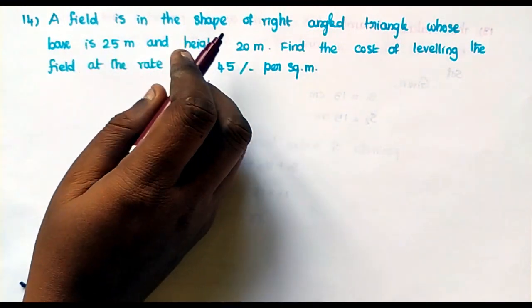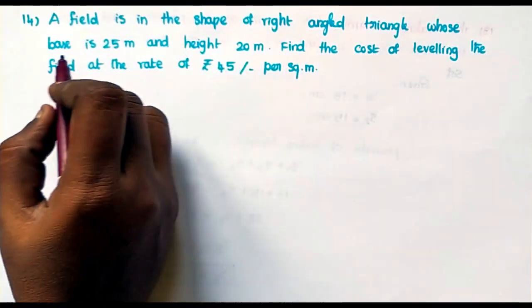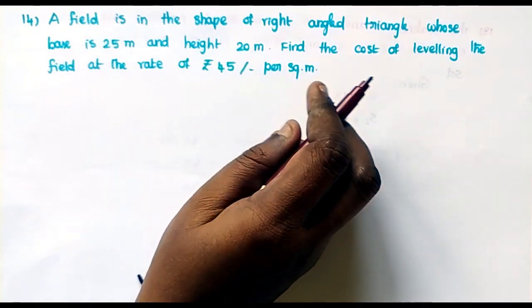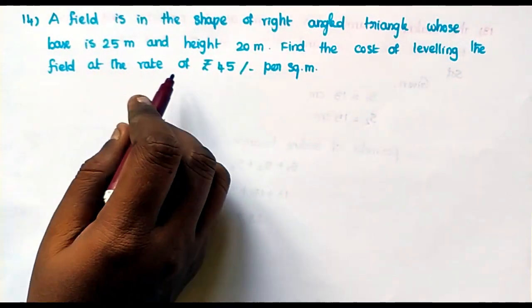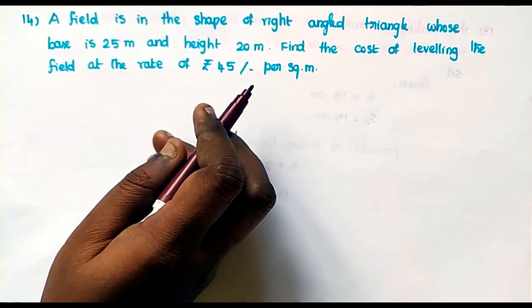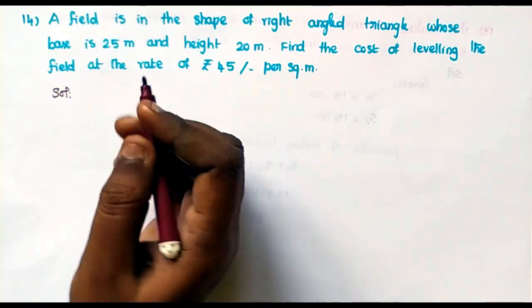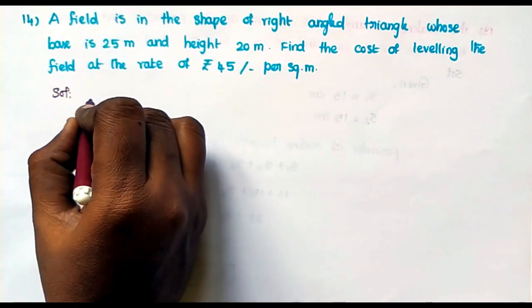14th sum. A field is in the shape of right angled triangle whose base is 25 meter and height is 20 meter. Find the cost of leveling the field at the rate of rupees 45 per square meter. Listen, first write down what they given.